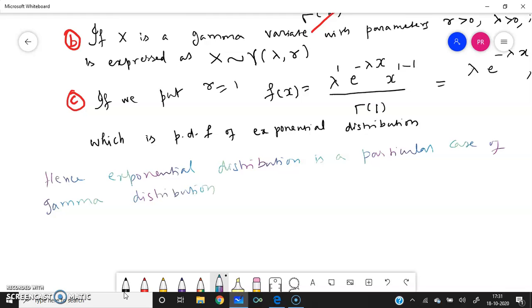When r equals 1, the gamma distribution turns into the exponential distribution.